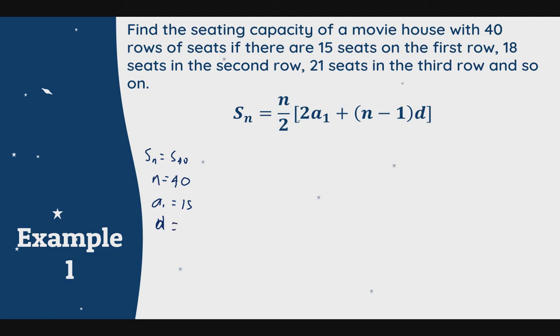What do you think if we have 15 seats, 18 seats, and 21 seats on the first 3 rows? Then our common difference will be, very good, 3. So it is not stated, but it is obvious by getting the common difference of our first 3 terms.